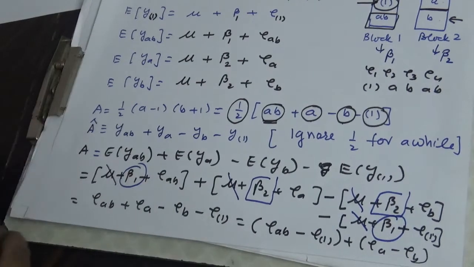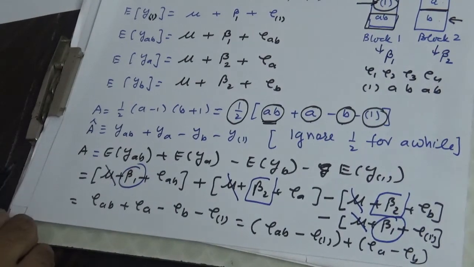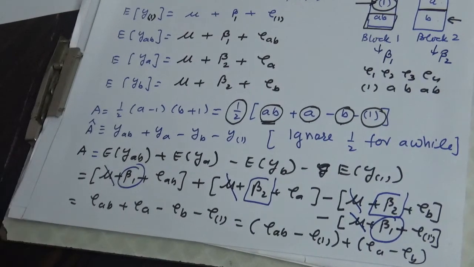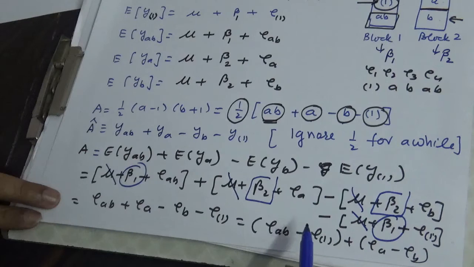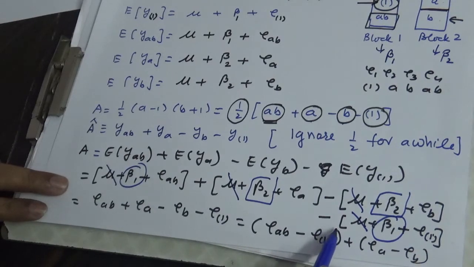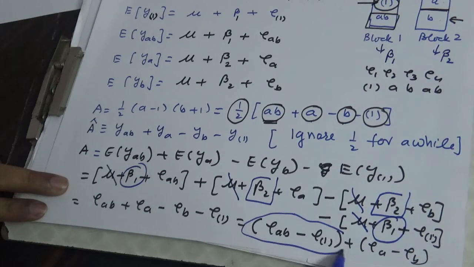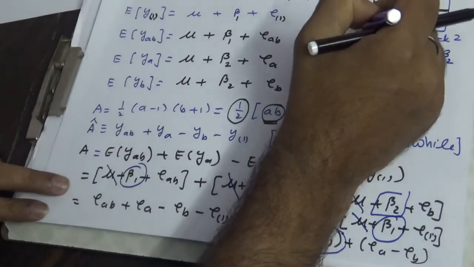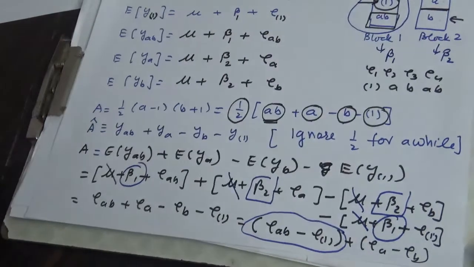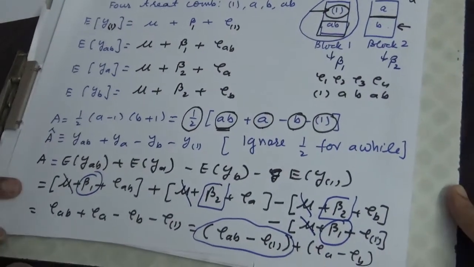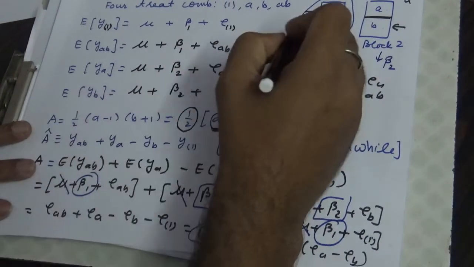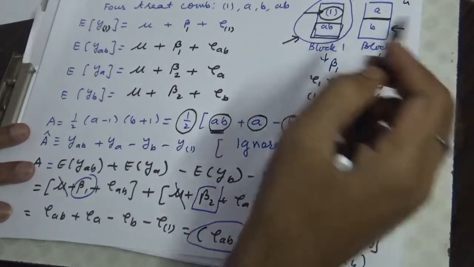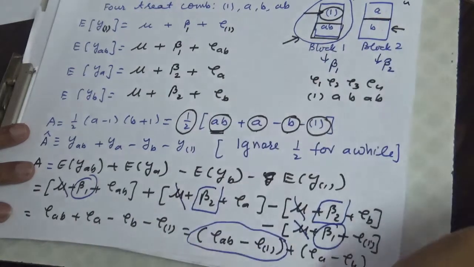Why have I done it? Because I will explain it to you after some time. But if you observe here, what I have written here is tau AB minus tau 1. And if you look here at block number 1, you can see I have simply combined the treatment combinations which are occurring in block number 1.